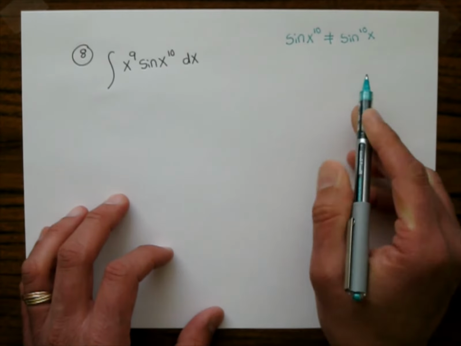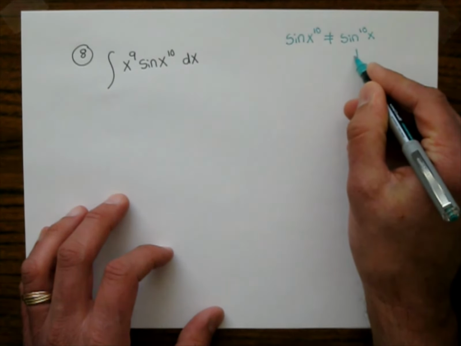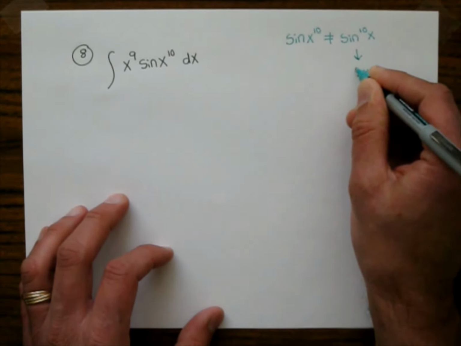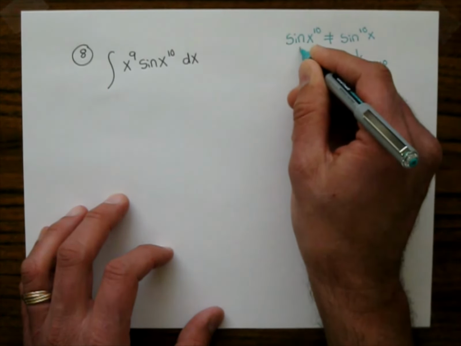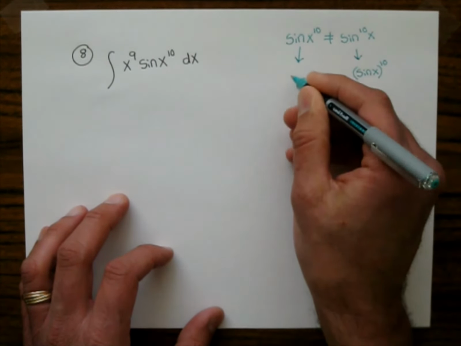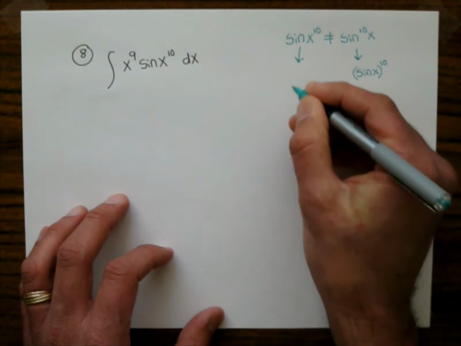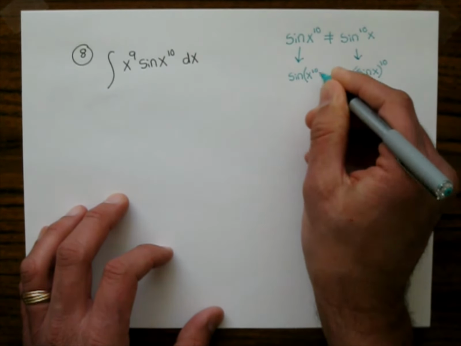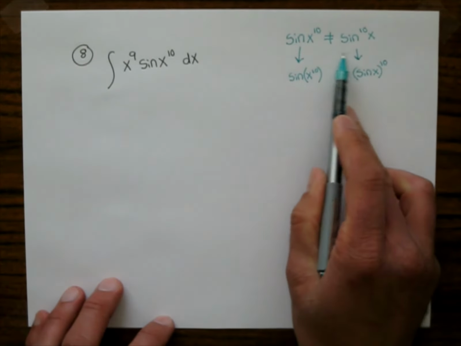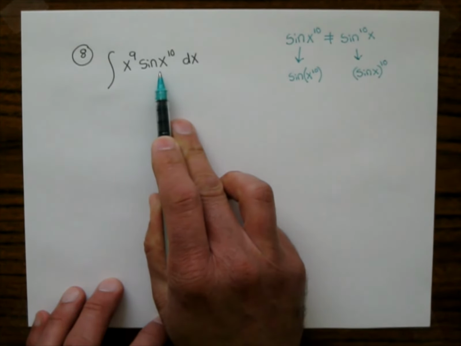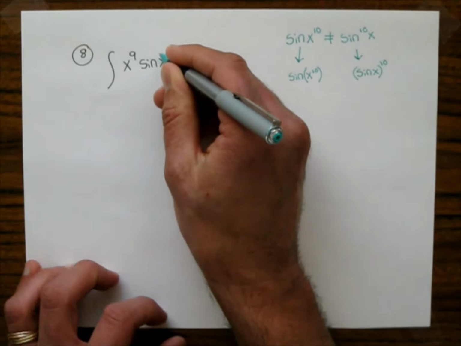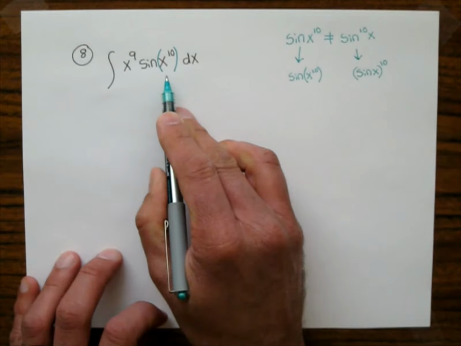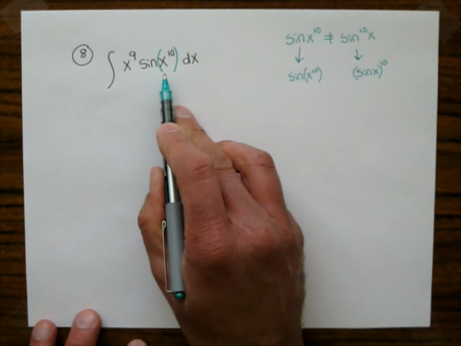Okay, so this one right here really equals sine x raised to the 10th power, that whole thing raised to the 10th, and this one right here is really the sine, with x to the 10th as the argument of the sine. Okay, so those do not equal, so don't get the wrong idea here. And if it makes you feel more comfortable, put parentheses around the argument of the sine, but you don't need them when you're writing out the math.